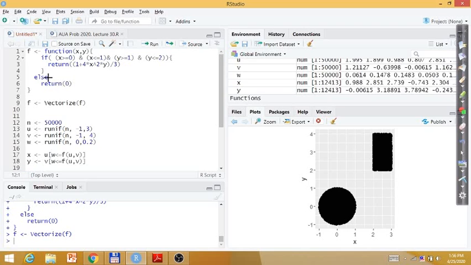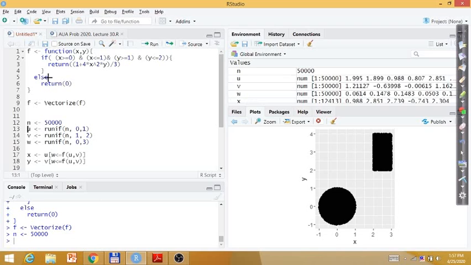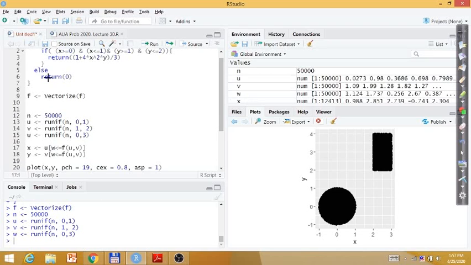So I'm running this, then vectorizing, then generating. I need to change these values, so I'm generating from 0 to 1 for x, from 1 to 2 for y, and from 0 to maximum 3 for z. So u, v, w, and I'm choosing all points as x and y such that the w's are under that surface.